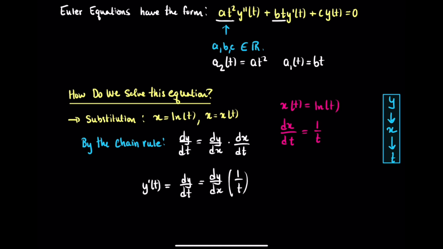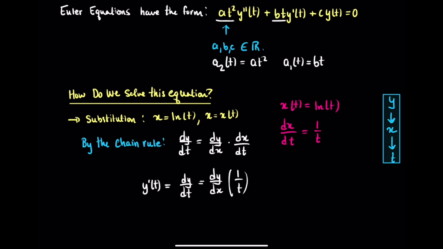So when I substitute this back, this 1 over t as dx dt cancels out with the other t in a1 of t. So then a1 of t just becomes b. That's really convenient.